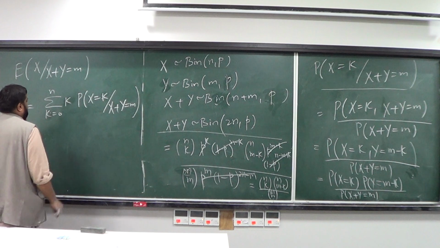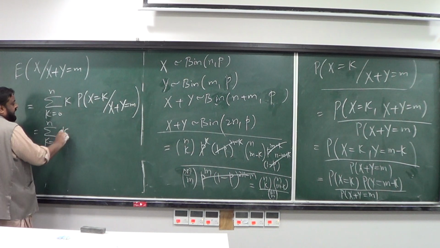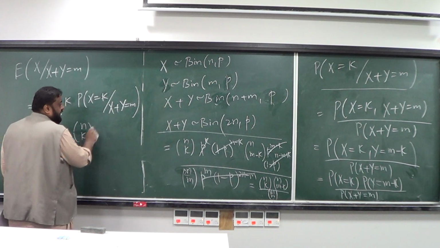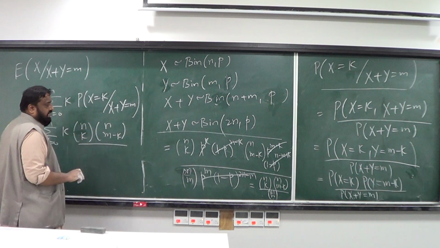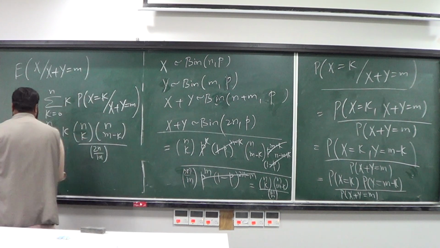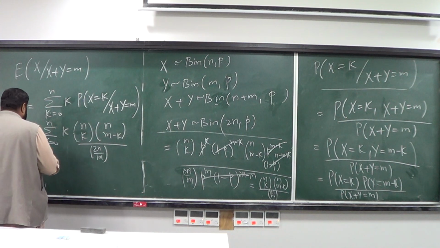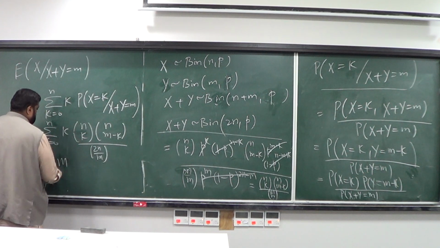Once you have this, just substitute this formula: k equal to 0 to n, and k times n choose k, n choose m minus k, divided by 2n choose m. And I'm leaving this sum for you to figure out how this sum would be equal to m upon 2. So it's going to be m upon 2.